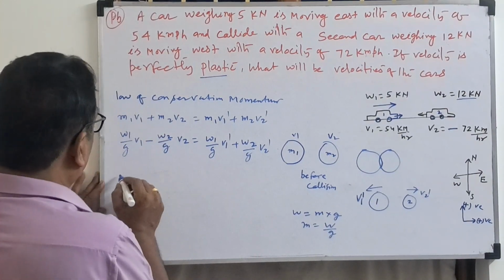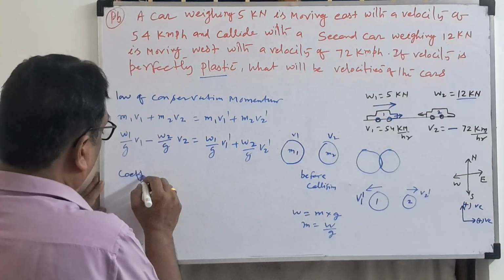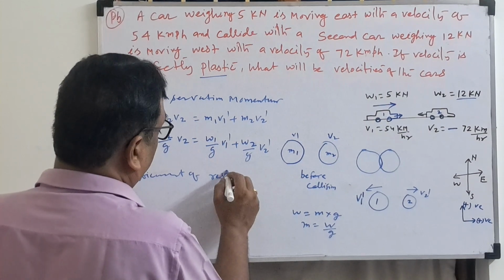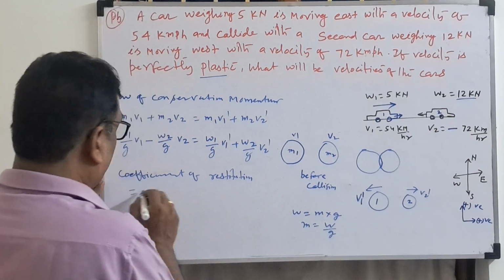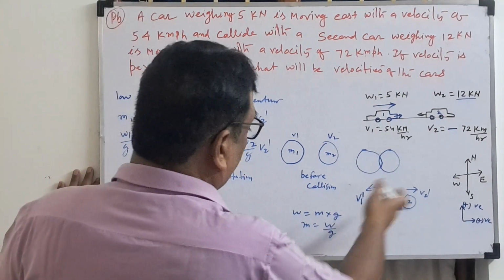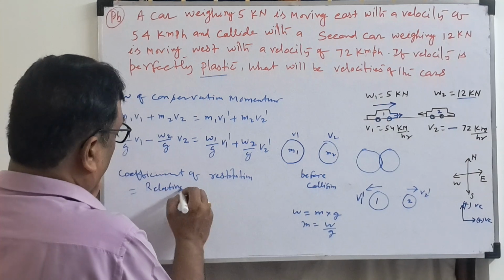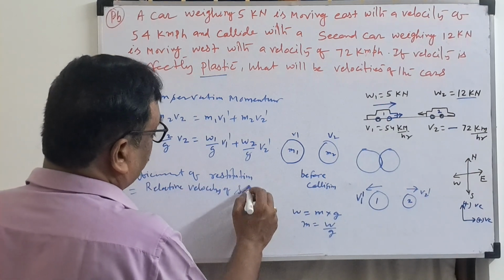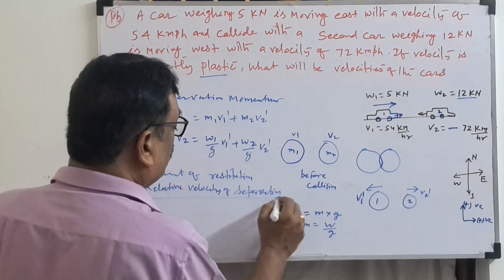The formula for the coefficient of restitution is the relative velocity of separation divided by the relative velocity of approach.